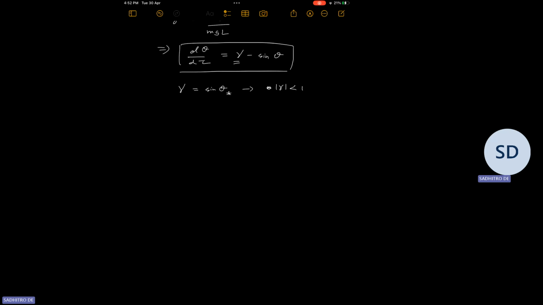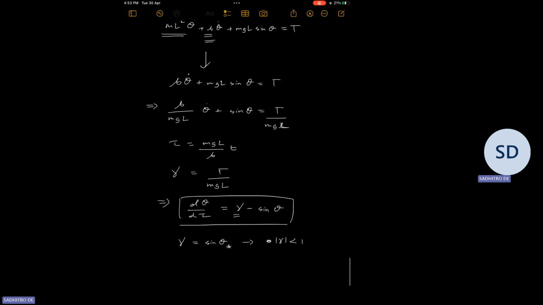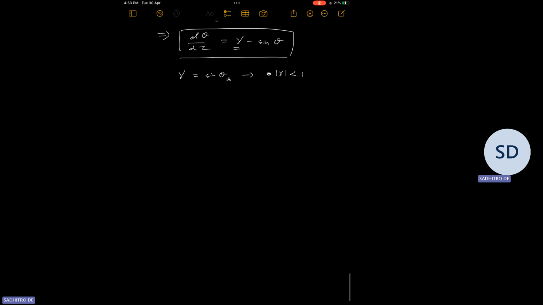Otherwise, if mod gamma is greater than 1, then there will be no fixed points and the pendulum will keep on oscillating forever. In the oscillation case, we can map this onto an interval like this. So this is the case when gamma is greater than 1.